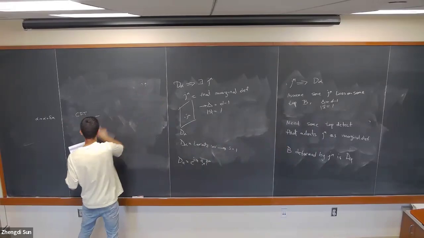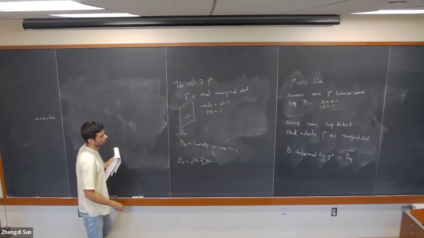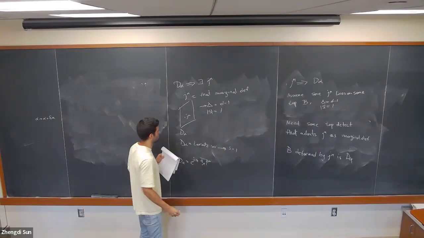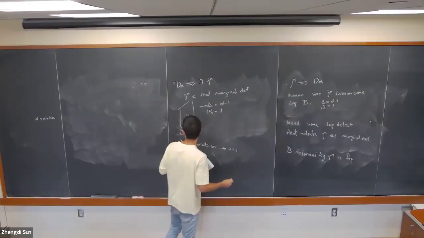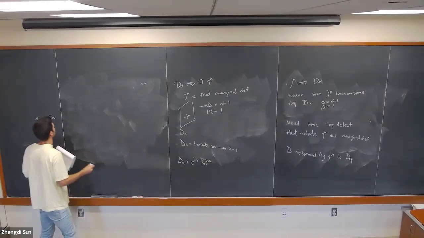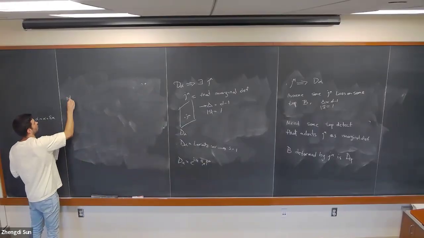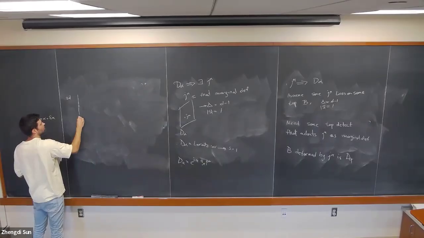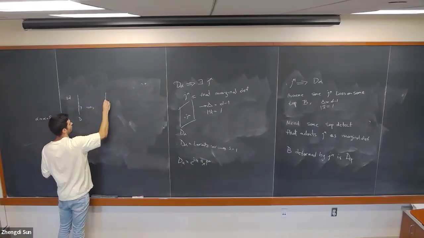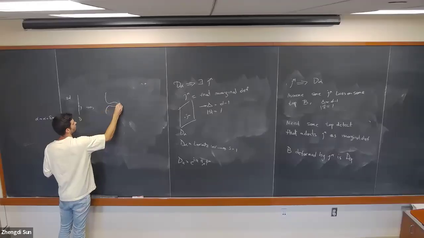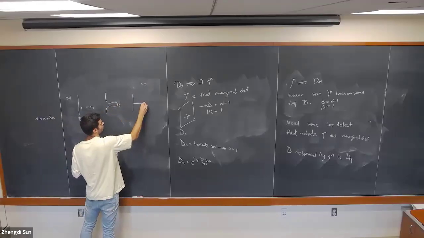I thought B was an open thing that ends on J. You don't have to, it could be a closed thing. So let me see, I can draw something. If you have B with J that lives there, you can deform it into this, right? And then collapse it and you get this.